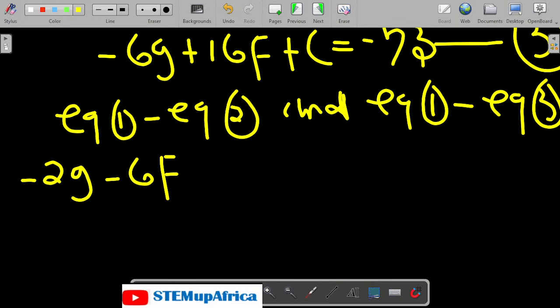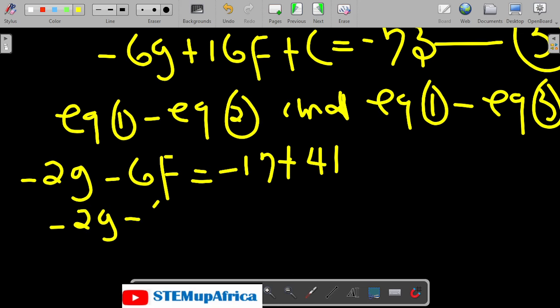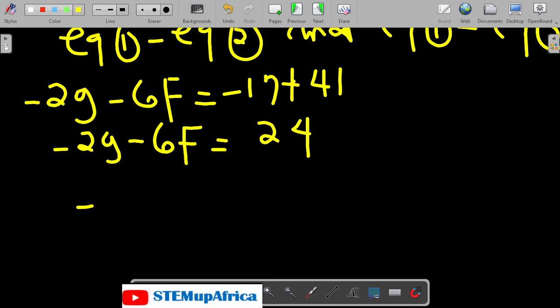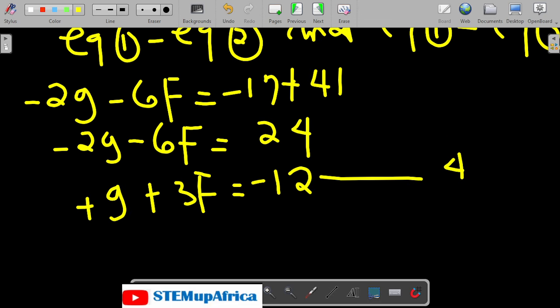Because the minus sign is in the 41, they become plus. So minus 17 plus 41 will give us 24. So I'm having minus 2g equals 24. If I divide through by minus 2, I'm having g equals minus 12. Equation 4.